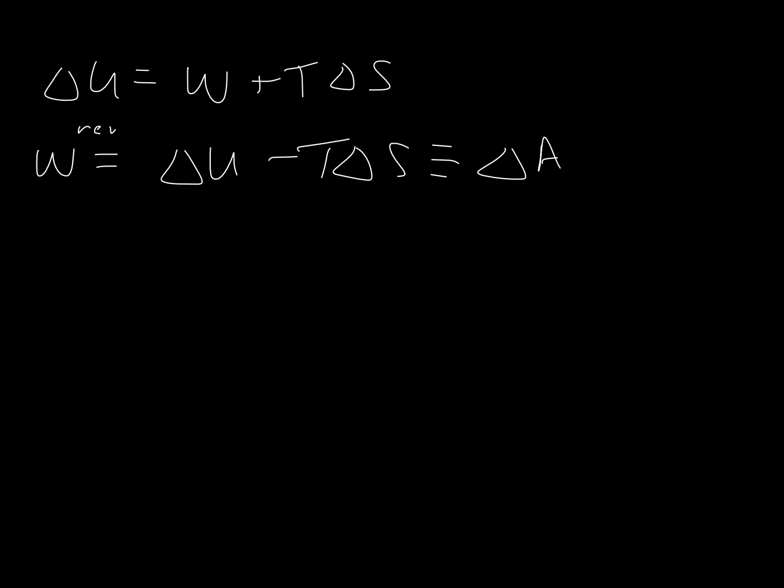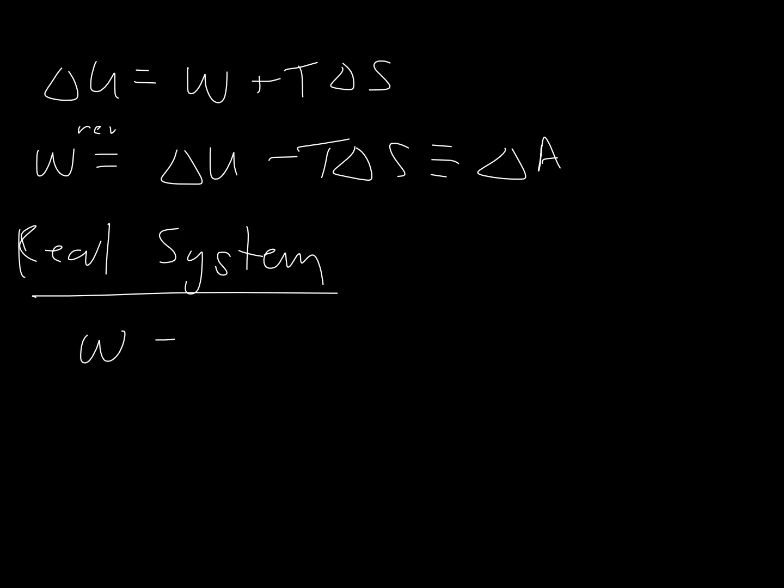For a real system, the work out of the system is equal to the reversible work plus T S gen. And in this case, how we defined our system, we had that negative work is out of the system.